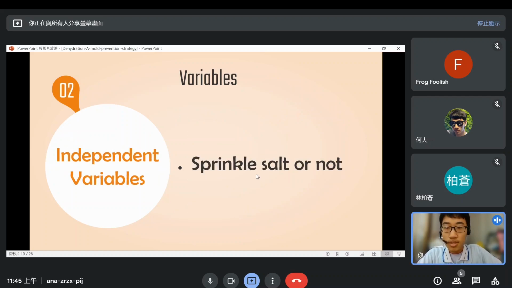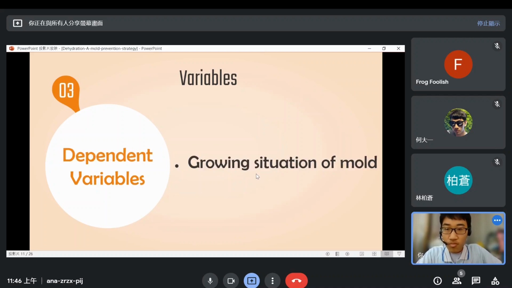Next, this is our independent variable. We sprinkle salt on some apple slices in order to understand whether the salt is added or not will influence the growth of mold. Lastly, this is our dependent variable, growth situation of mold.